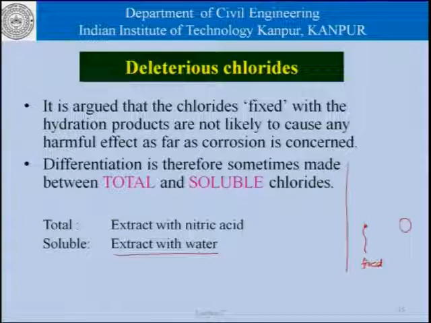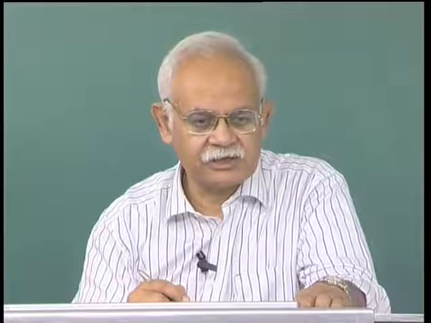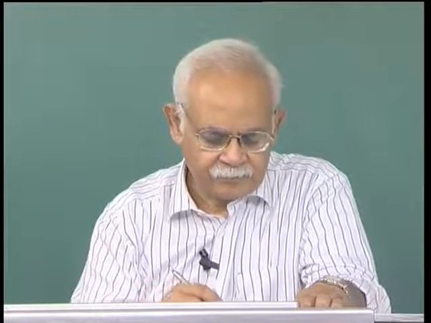They are standardized in terms of how long the water should be allowed to agitate, how long the process should be allowed to go on, whether there should be stirring, boiling and so on.